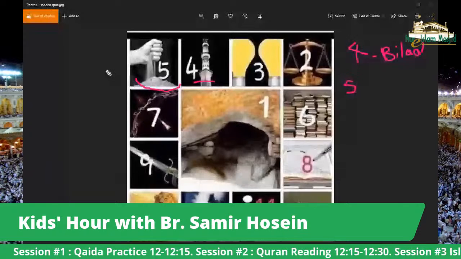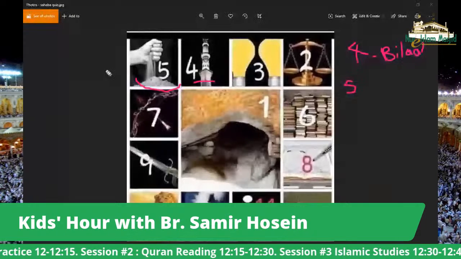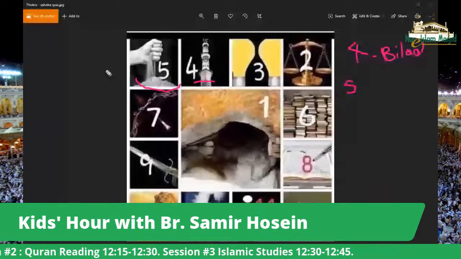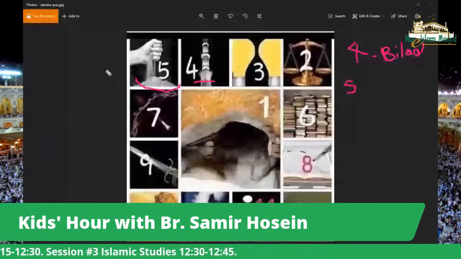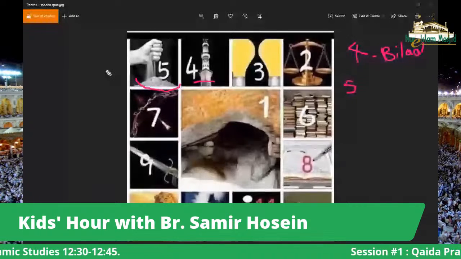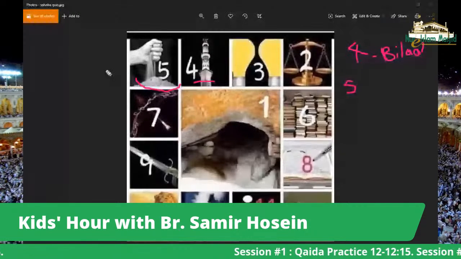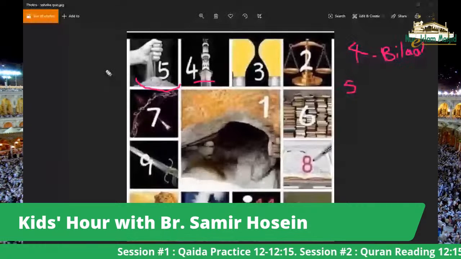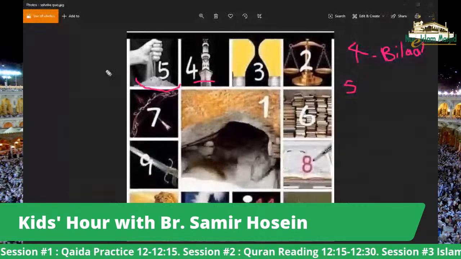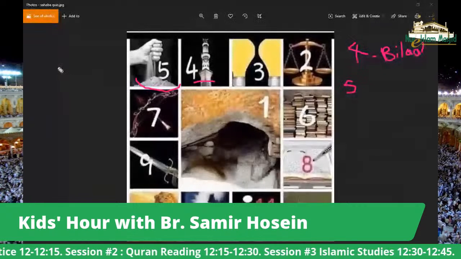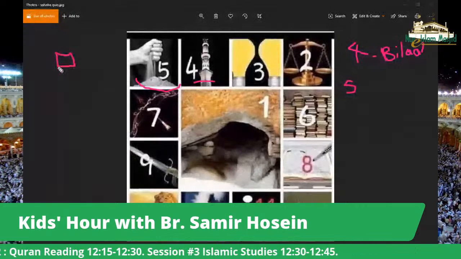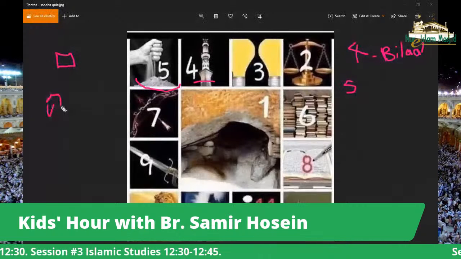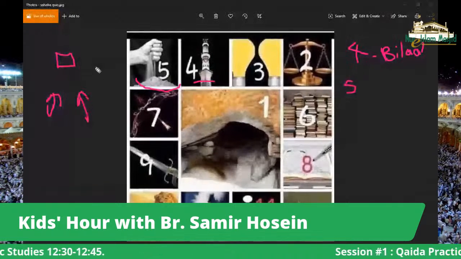There was a battle in Islam which is called the Battle of the Trench, where the Muslims themselves built a trench so that they could defend where they were against those people who were attacking them. Right? So if you imagine that you are here and there are enemies coming in towards you.